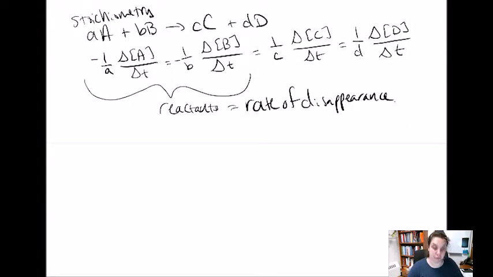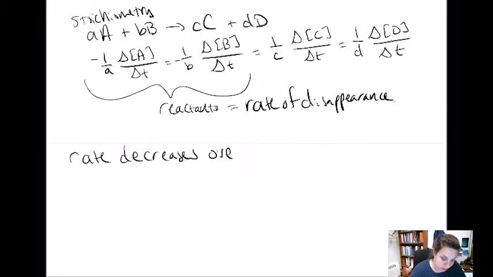So these are looking at a space of time, and rates themselves are going to decrease as the reaction goes on because the concentration of reactants decreases. So rate decreases over time, unless you have a zero order process.